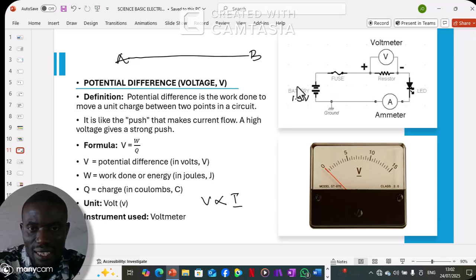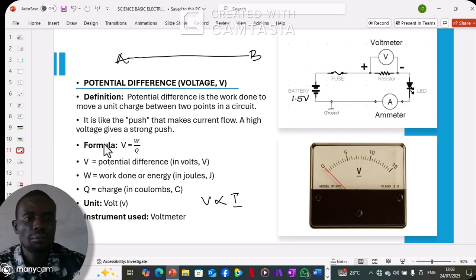That opposition holds part of the voltage back, and that is called voltage loss. So when you add the voltage loss to what you have here, it must equal the electromotive force of the battery.